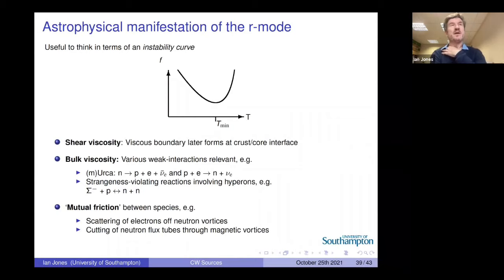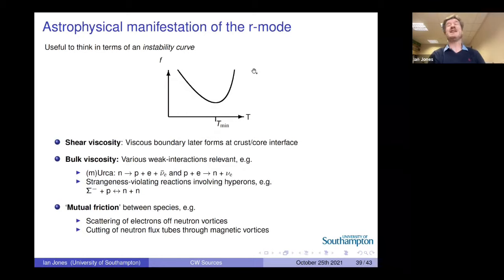Now, the fluid oscillation time scale has almost no dependence on temperature, but these microphysical reactions have strong temperature dependencies. And so what's happening as you go to the right, to higher temperatures here, is you're getting closer and closer to a regime where the microphysical time scale is close to the mode time scale.